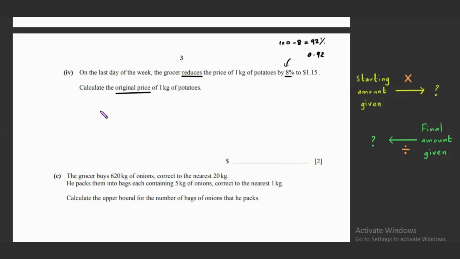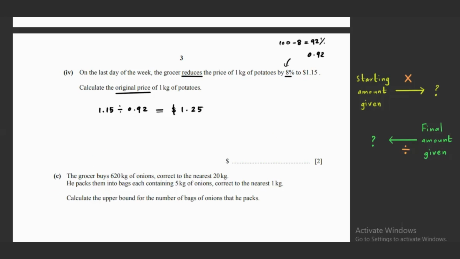So the final amount is $1.15, and I divide this by the multiplier, which is 0.92. So when I divide 1.15 by 0.92, I end up getting the original price of 1 kilogram of potatoes, which is equal to $1.25.